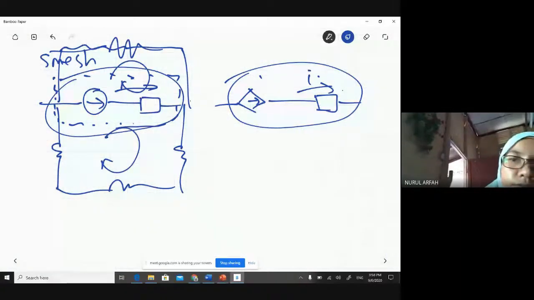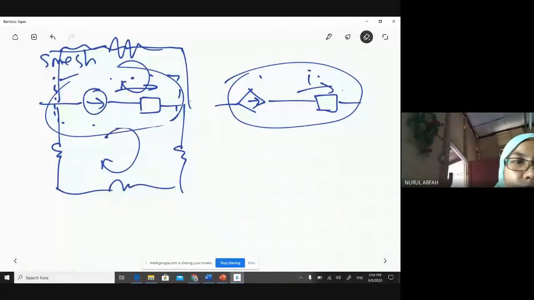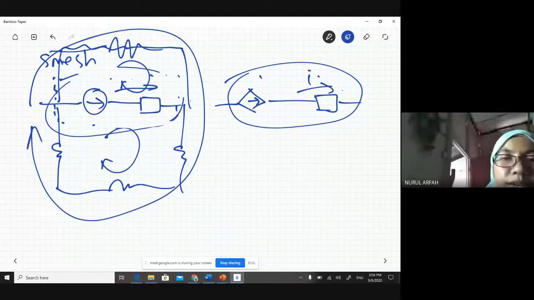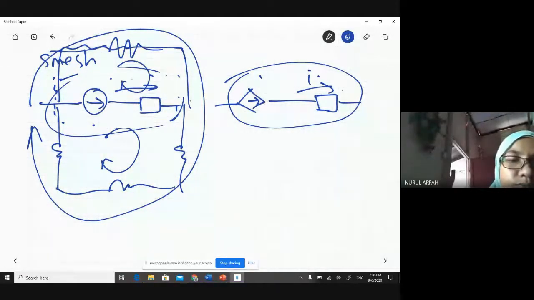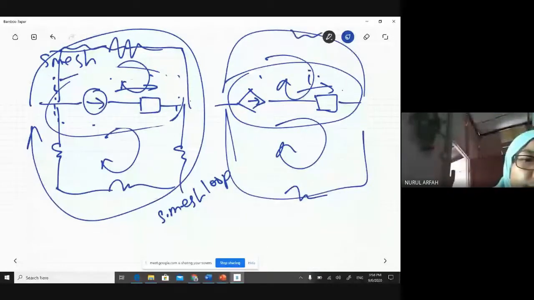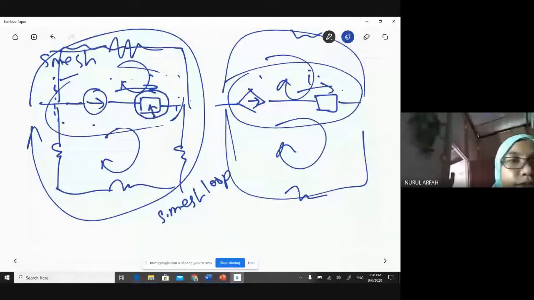Then you need to consider the whole thing here as your mesh loop, a super mesh loop. Same as this part, you have two, but you need to include this element too, because both have the same current together. So far so good?